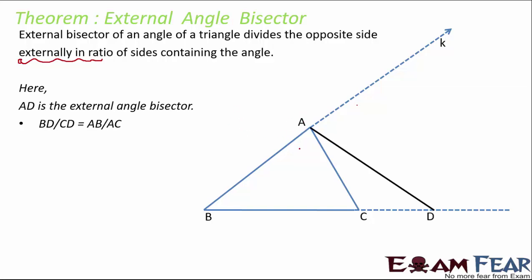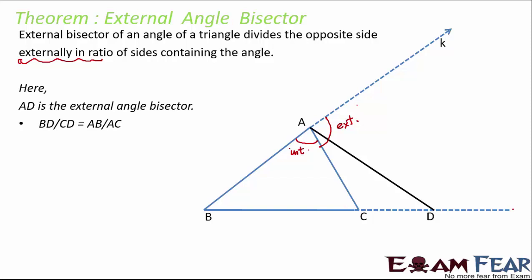How? If you look at the vertex A, this is the internal angle A, because this angle lies inside the triangle, whereas this angle is the external angle A because it lies outside the triangle, right? So AD is the line which bisects the external angle A. Therefore AD is the external angle bisector. Now the theorem states that this AD divides the side BC in such a way. If you see, AD is dividing BC externally, right?